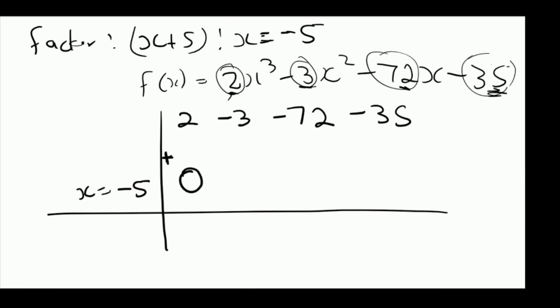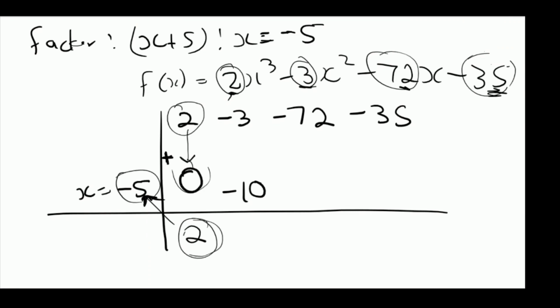So we're going to say 2 plus 0 is 2. And then this 2 multiplied by this 5 here, minus 5 rather, is going to give us minus 10, right? Did you get that? This 2 plus 0 gives us 2. 2 multiplied by minus 5 gives us minus 10.